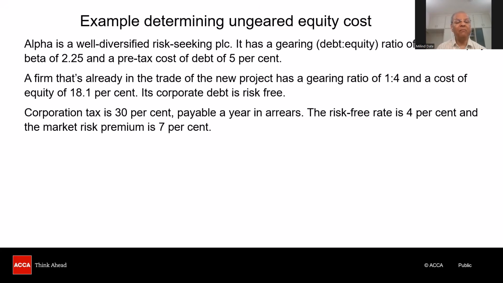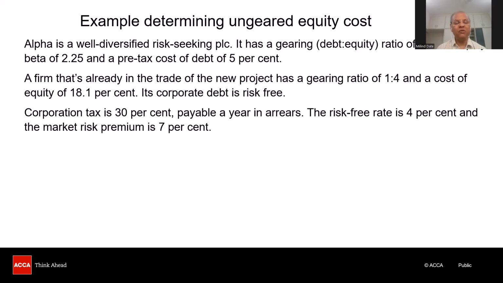A proxy firm has a different gearing ratio, different cost of equity, and their corporate debt is risk-free. Now, the tax rate is given, and the risk-free rate is also provided, with of course the market risk premium.